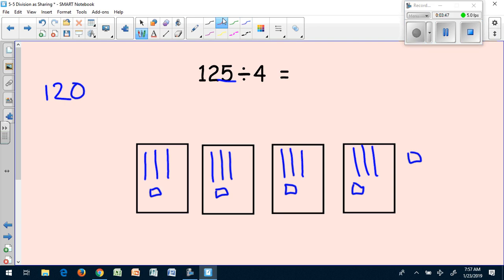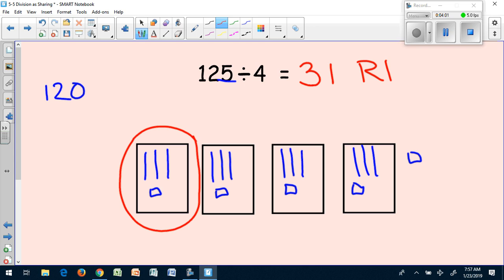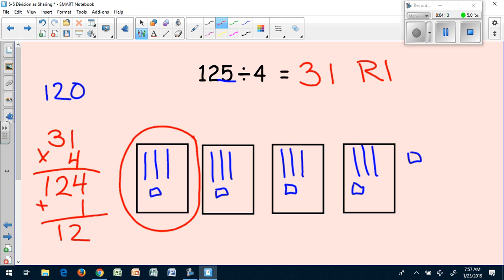So when I solve 125 divided by 4, I look at one box to see how many would be in each of the 4 groups, and I see my answer is 31 with a remainder of 1. Why don't you pause the video and use multiplication to check that. You should have gotten 125.